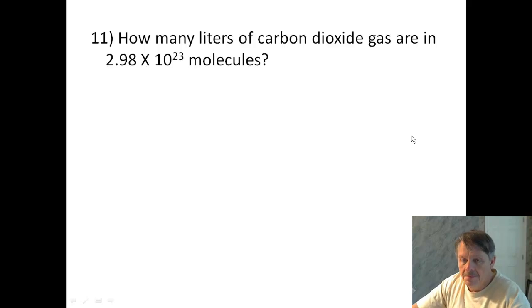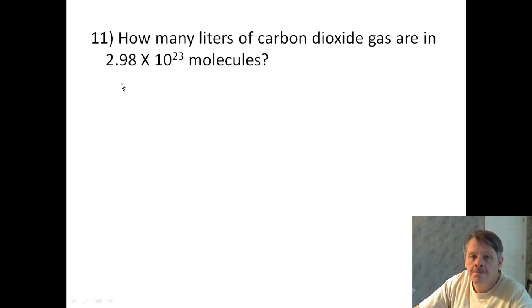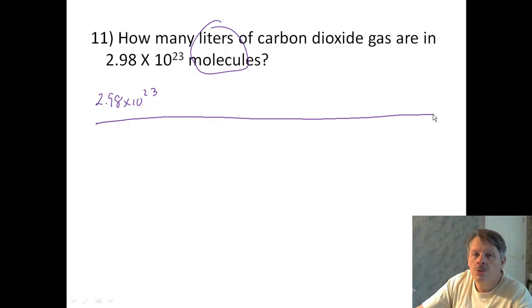All right, number 11. How many liters of carbon dioxide gas are in 2.96 molecules? Guys, we're going to assume this is at STP. On your worksheet, it says at STP. I forgot to put it here. So we have molecules and we have liters. We know those conversion factors, so we can immediately jump right into solving the problem. We start with the information we're given, which is 2.98 times 10 to the 23rd molecules.